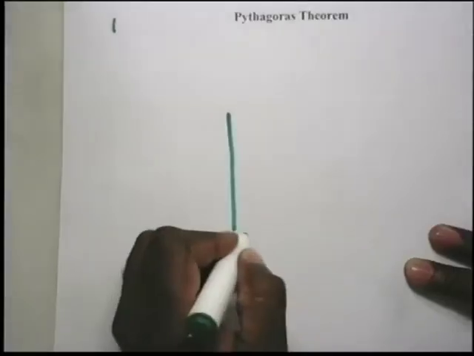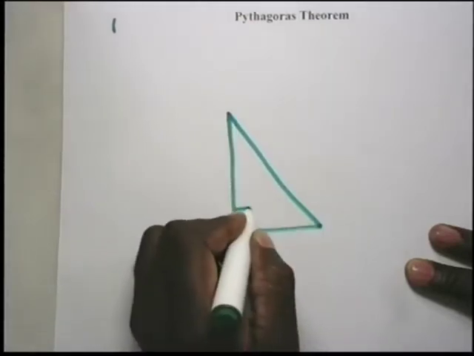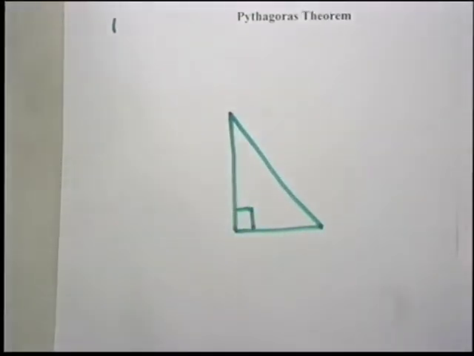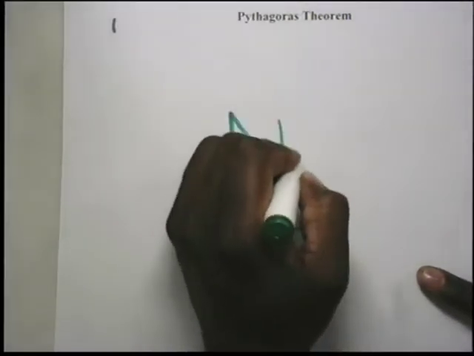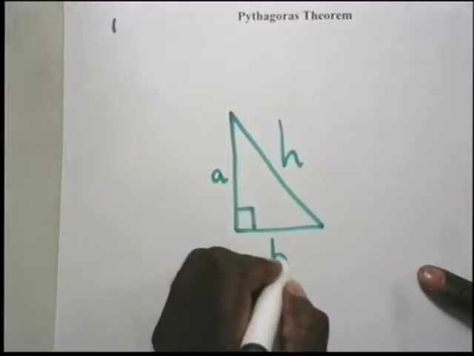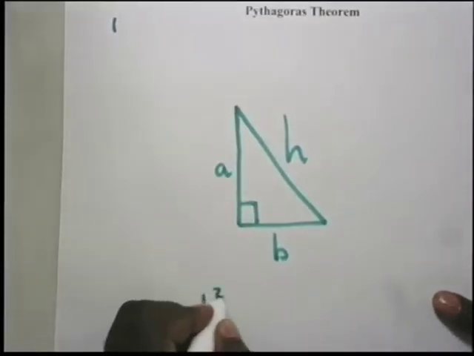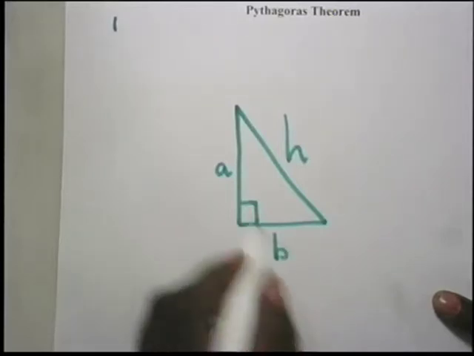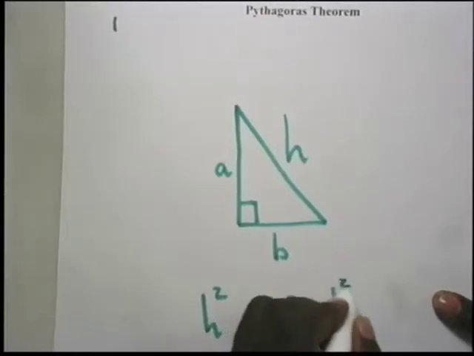It says if we have a right-angled triangle, like the one drawn on the screen, and we are calling the longest side, the hypotenuse, we can call it H, and this side here we can call it A, and the side down here we can call it B. The theorem states that the hypotenuse H squared is equals to the sum of the two other sides squared. So it will be equals to A squared plus B squared.